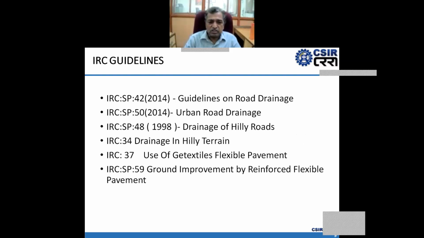Regarding drainage systems, there are several IRC codes that have been published, like IRC SP 42, which deals with guidelines of road drainage, IRC SP 50, urban drainage system, IRC SP 48, drainage on hilly roads, IRC 34, drainage in hilly terrain, and IRC 37, use of geotextile in flexible pavement.